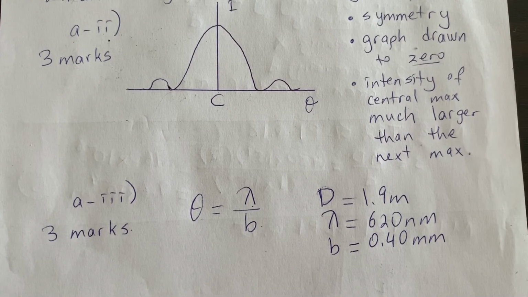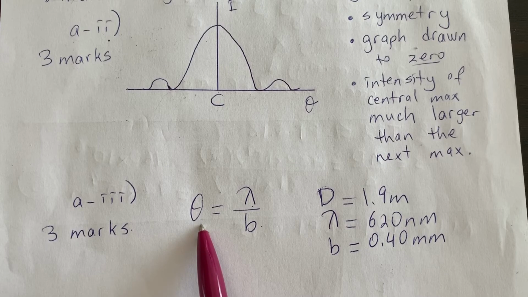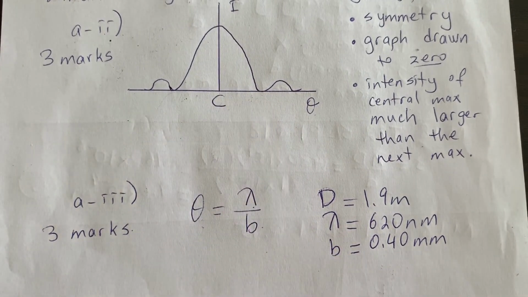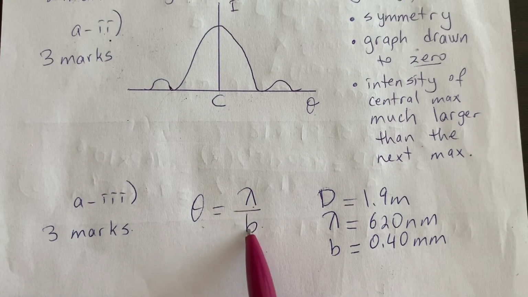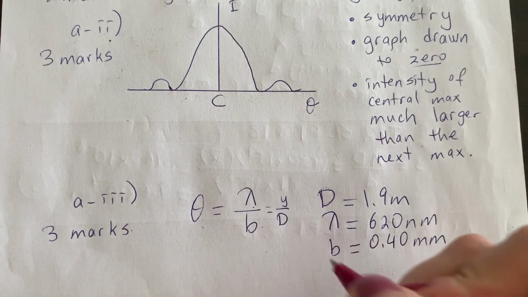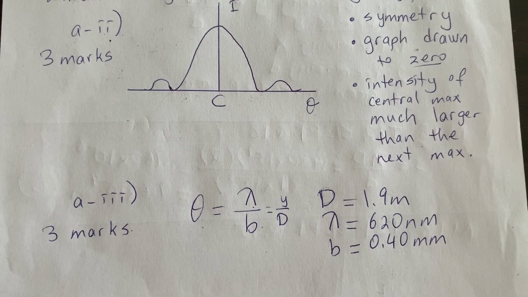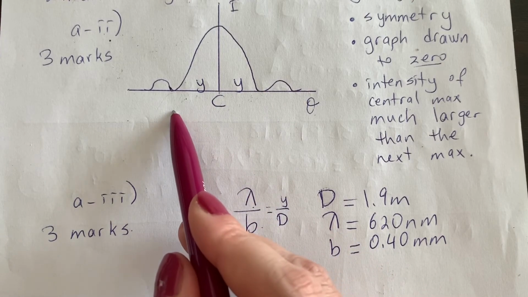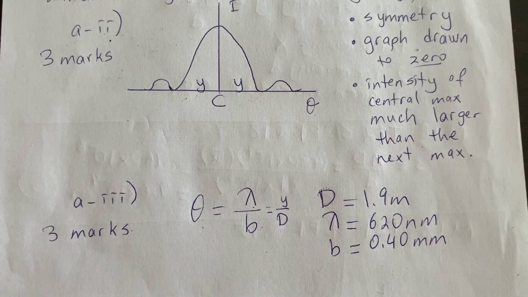Using this information, I can calculate the angle, but how am I going to calculate the width of the central maximum? I'm going to use the fact that small angle approximation allows us to estimate that ratio is equal to that ratio when you label that distance as y. So the width of the central maximum would be 2y.